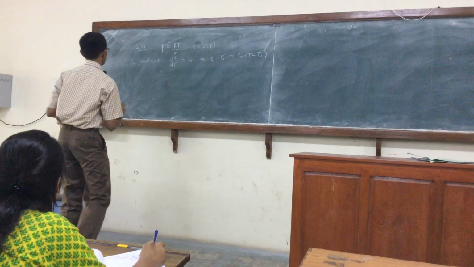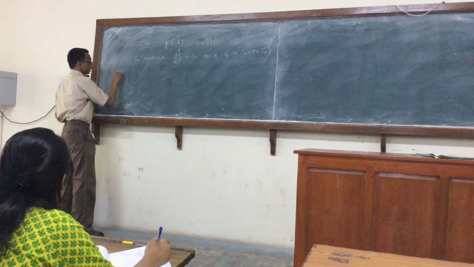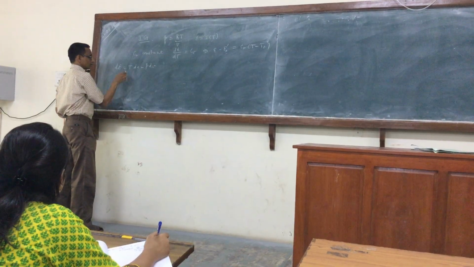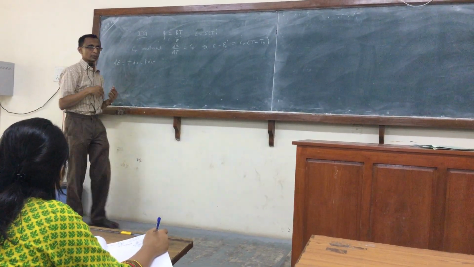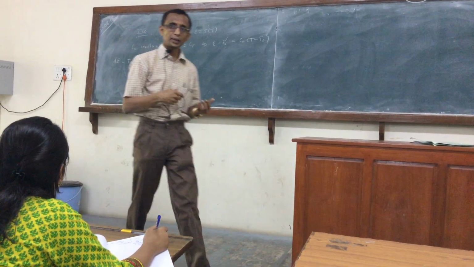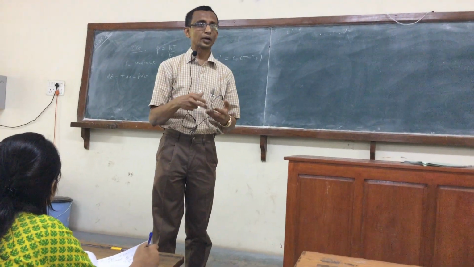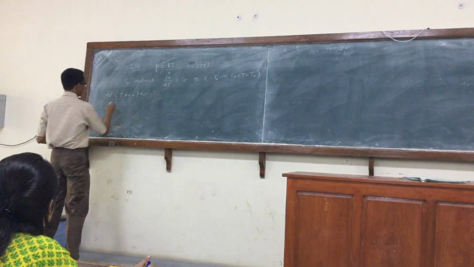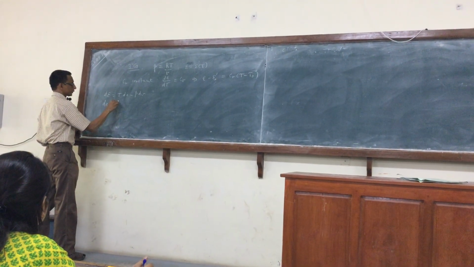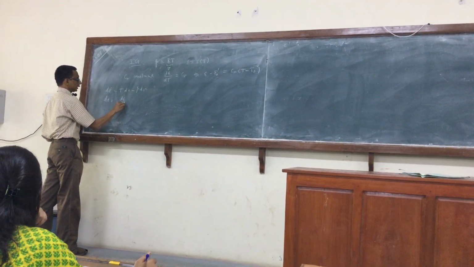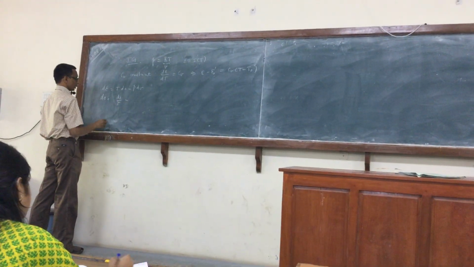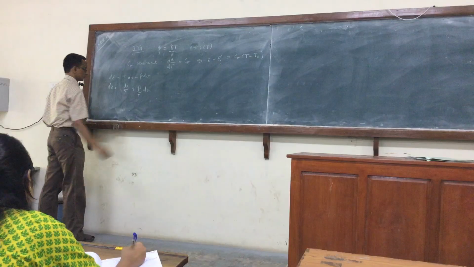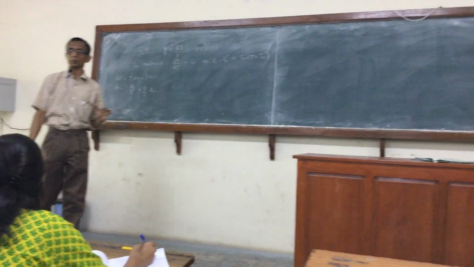The hint is that you are supposed to invert this, in the sense that rather than trying to express E in terms of S and V, I would try to express S in terms of E and V. That's the hint that is given. So if you do that, dS is dE by T plus P over T dV. Now you will see that this integration will become very easy.